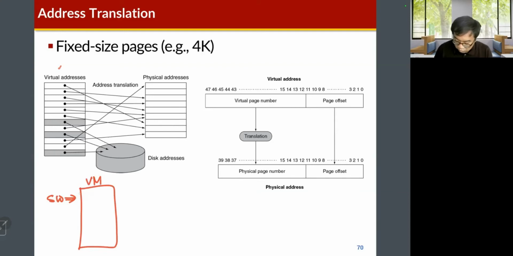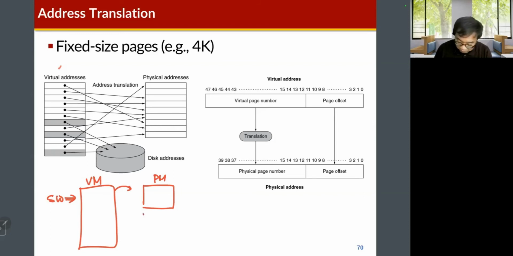And then when this virtual memory is mapped to the real memory, our world is not perfect. It means that actually the size of the physical memory is small.